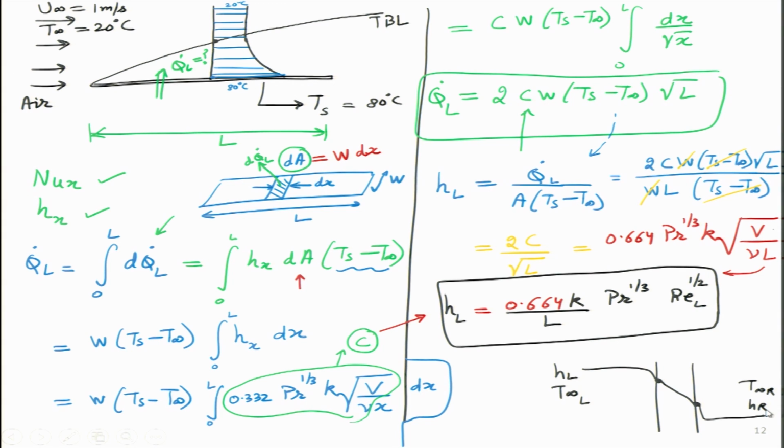Now we are beginning to get a glimpse of how we will be able to find the value of HL, because in those problems we were just taking some numbers like 2 watts per meter square Kelvin, maybe from a book or from experience.